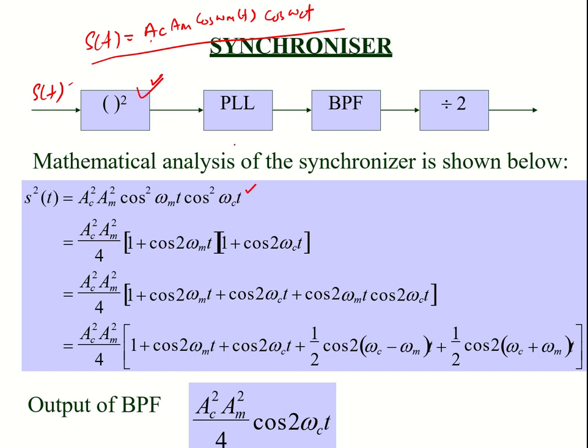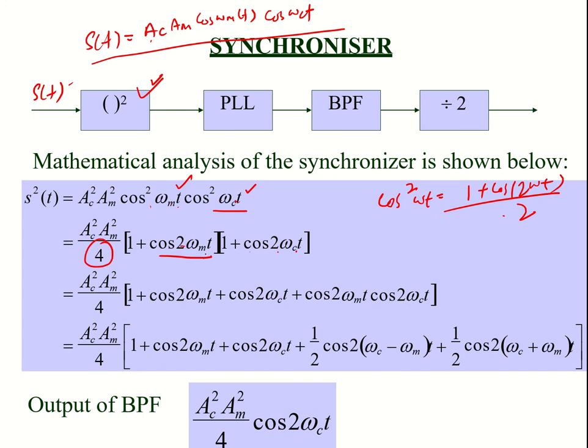Then we will use the PLL, phase lock loop, and then a band pass filter. The purpose of the phase lock loop is just to lock the phases. Basically, see what is actually happening here. If you apply the identity cosine square of omega t equals 1 plus cosine of 2 omega t divided by 2, and apply it here, we will get cosine of 2 omega mt, cosine of 2 omega ct, and the 1 over 2 multiplied gives 1 over 4.